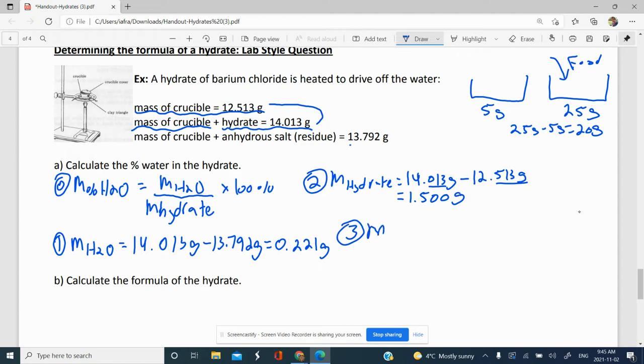The mass percent of water is going to be the mass of the water we found, 0.221 grams, over 1.500 grams, times 100%. Grams cancel out. We get 0.221 divided by 1.500 times 100, and we get approximately 14.73333 and it keeps going, percent. We're going to round that to the correct number of sig figs. I believe we have 3 sig figs here.